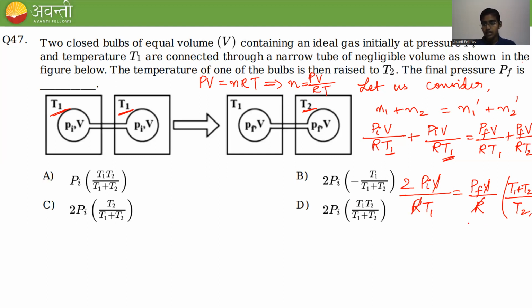R also gets cancelled, and the final pressure Pf will be 2 Pi times T2 divided by T1 plus T2.